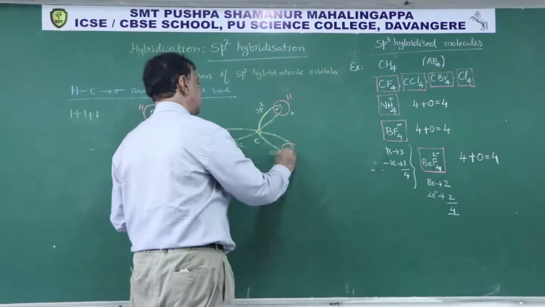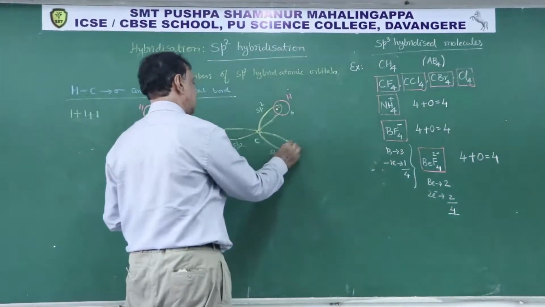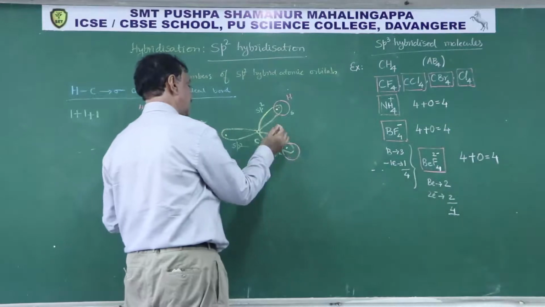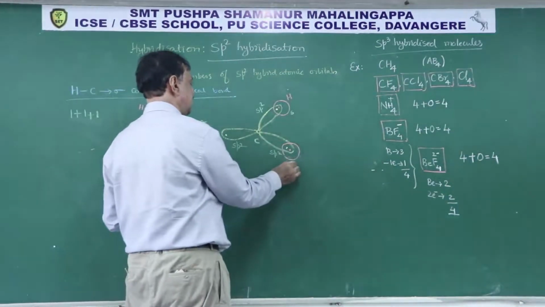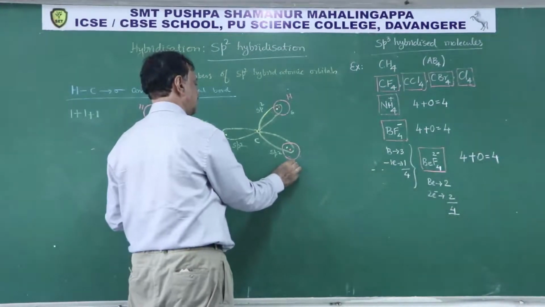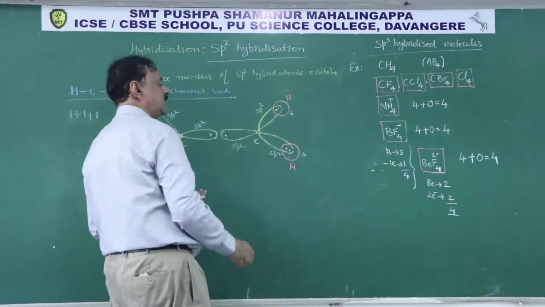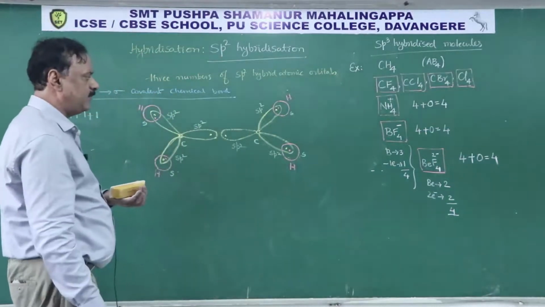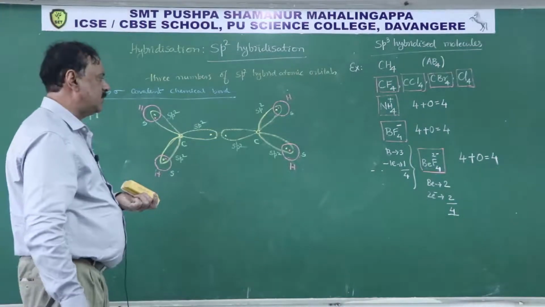Therefore, the neighboring hydrogen atom shares its electron from the s atomic orbital, leading to s-sp2 overlapping. This is the hydrogen atom, where pink stands for the electrons from the hydrogen atom, and yellow stands for the electrons from the sp2 hybrid atomic orbital.